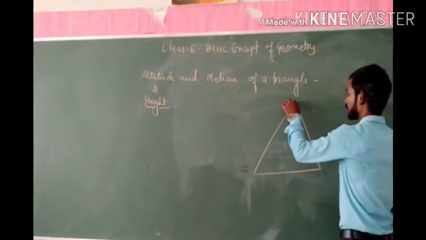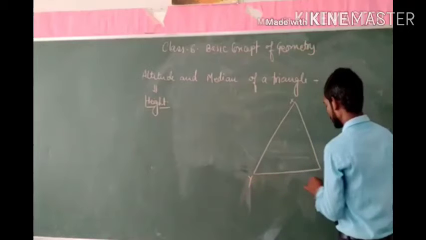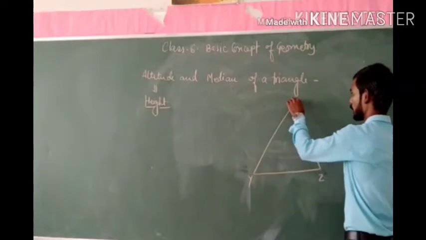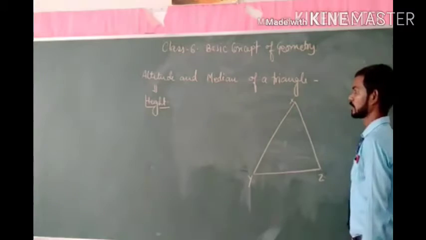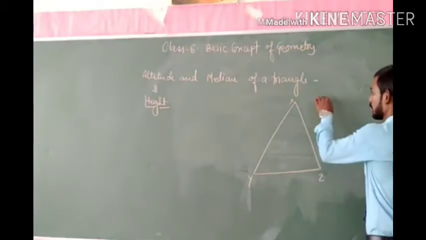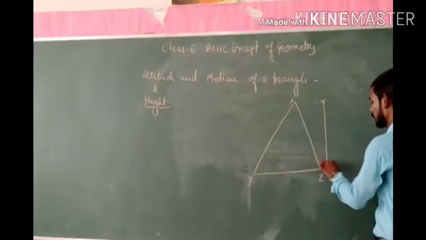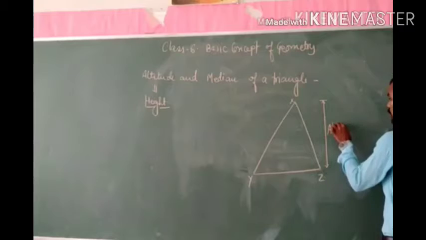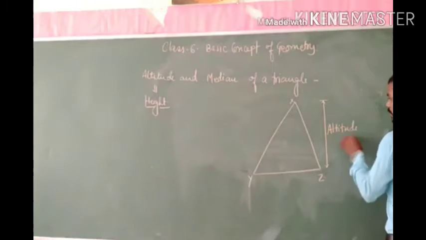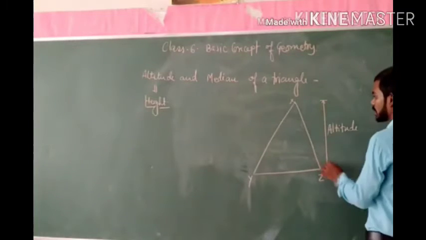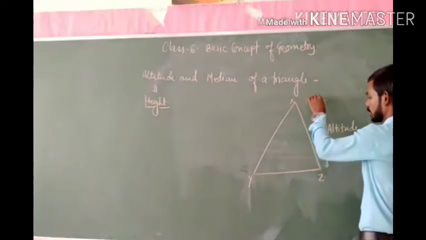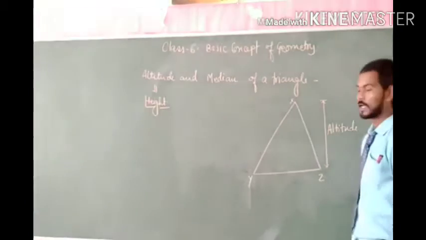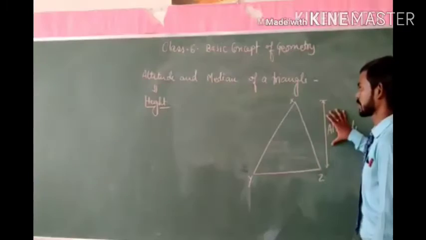Here we can see that this is a triangle XYZ, in which we have to define the altitude. That means we have to find the height of the triangle. This distance from the point X to the base is its altitude.